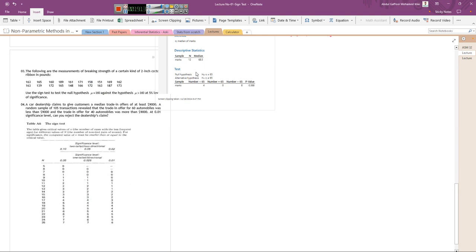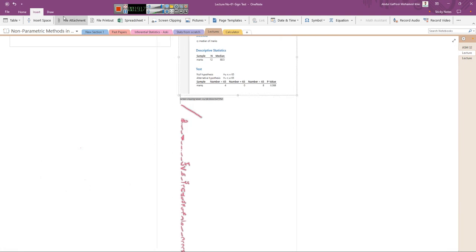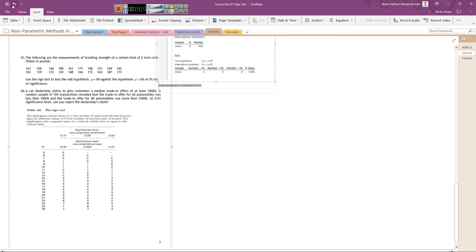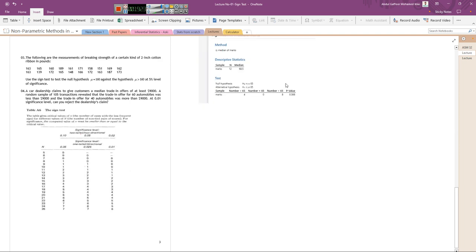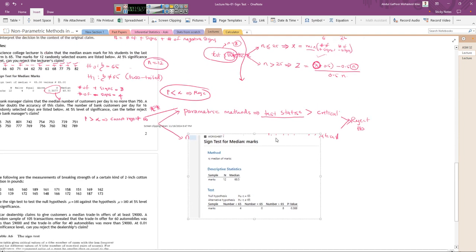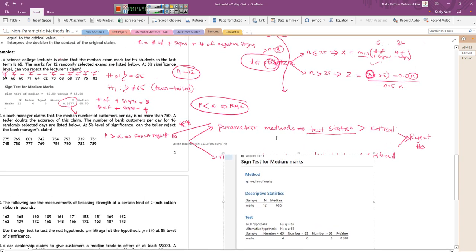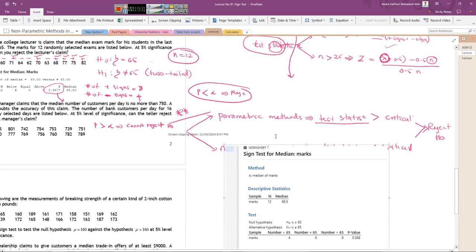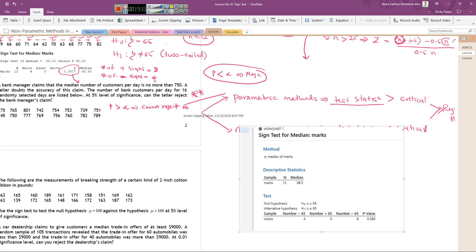this picture into our OneNote application so that I can annotate and explain. As you can see here, this is the sign test for median.